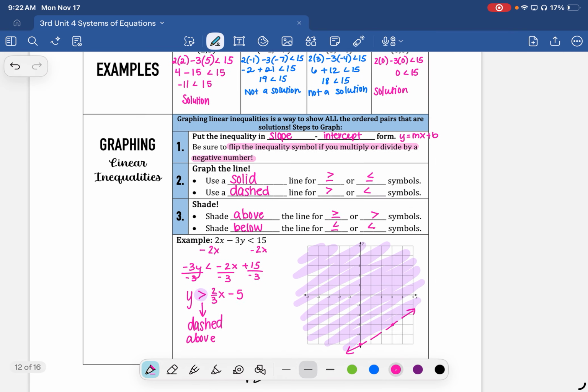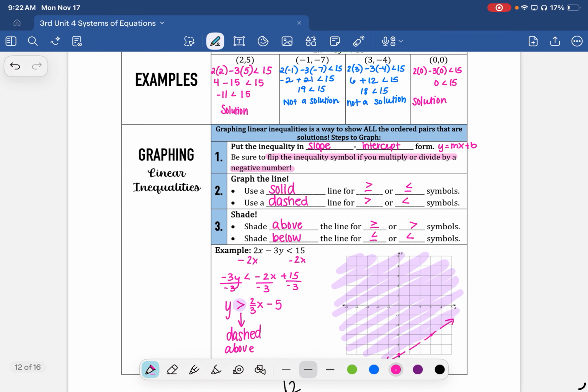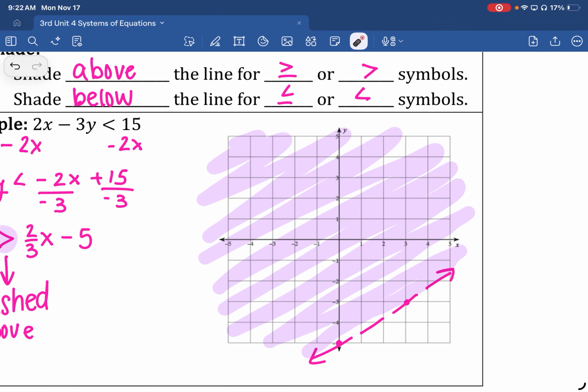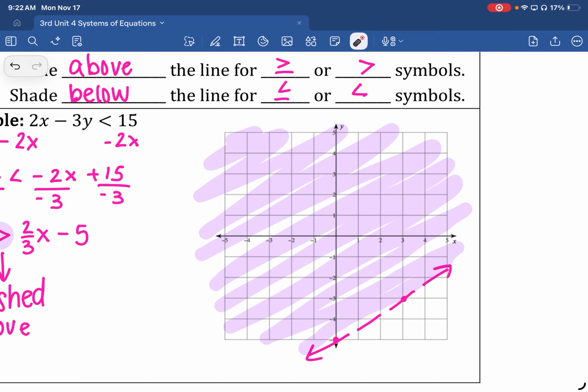So from here, if we look at the points that we checked earlier, we're going to talk about when it falls in the solution and when it doesn't. So we already did the point 2, 5. Is that point in our solution? Is that in the shaded region? Yes. Okay.